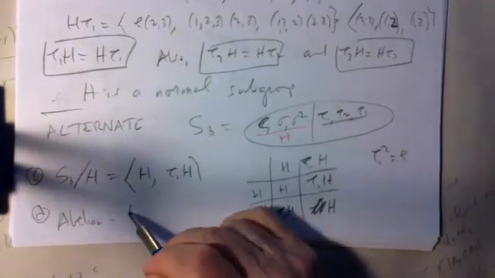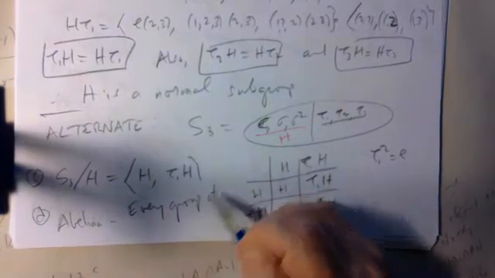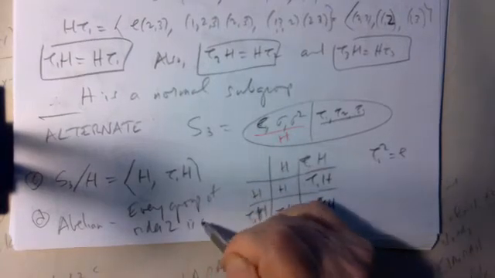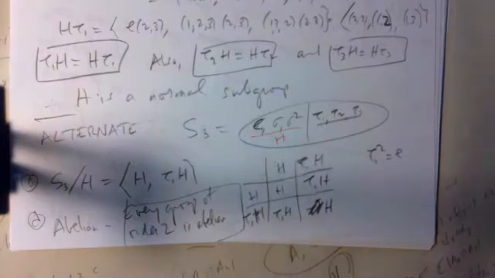In fact, every group of order 2 is abelian. And this is a group of order 2. It only has two elements. Each element is a coset, but there are only two cosets.